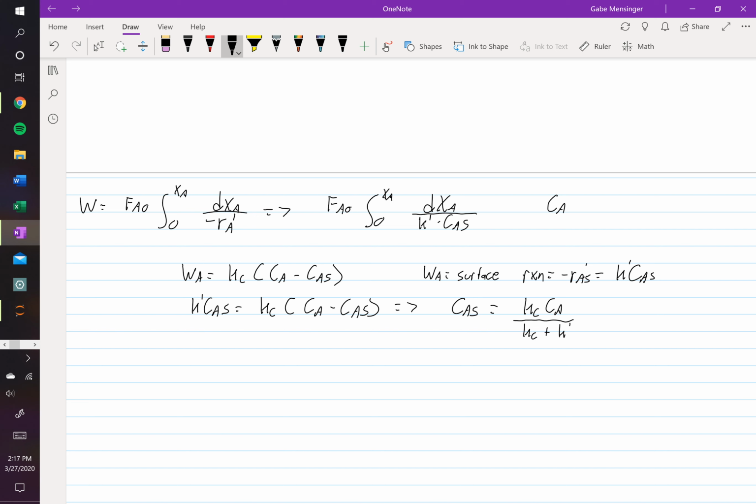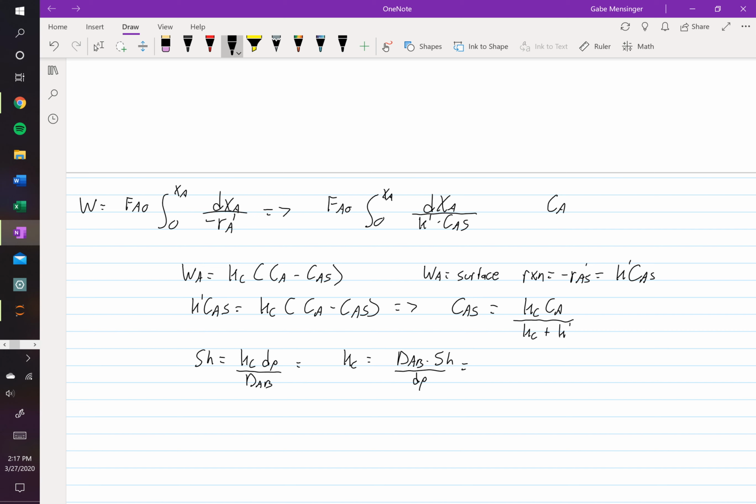So, also from the slides, using dimensionless quantities, we have that the Sherwood number is equal to KC times dP, which is the diameter of our particles, over DAB, the diffusivity. So we can rearrange that to give us KC is equal to DAB times the Sherwood number over dP.